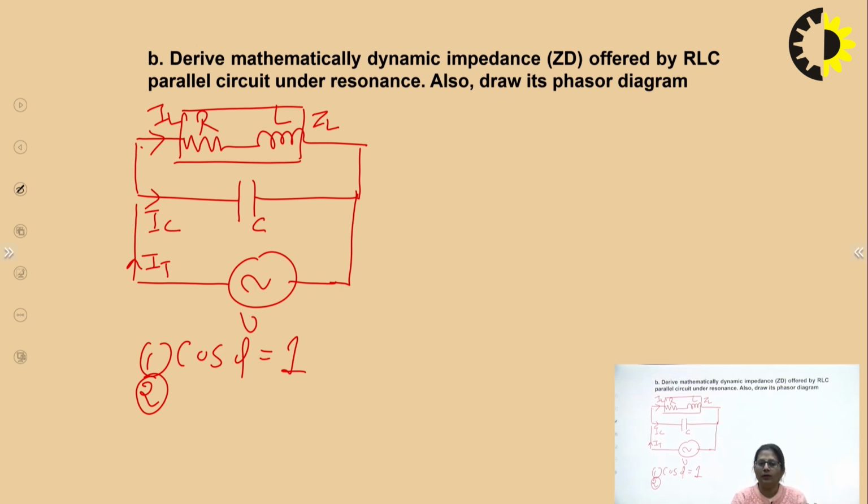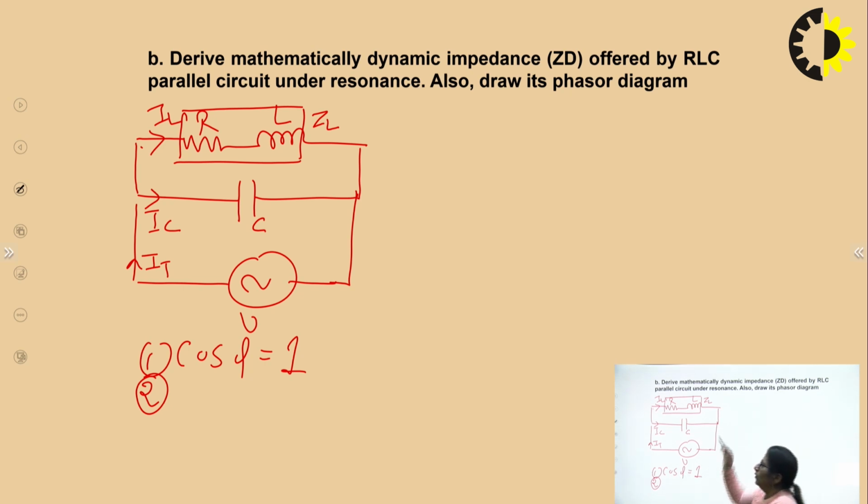It is a constant value, the maximum value, composed of the dynamic elements. Unlike the series resonance circuit, where at resonance the impedance is minimum and its value is only R, here it depends upon L also and upon C also, which are the dynamic components.